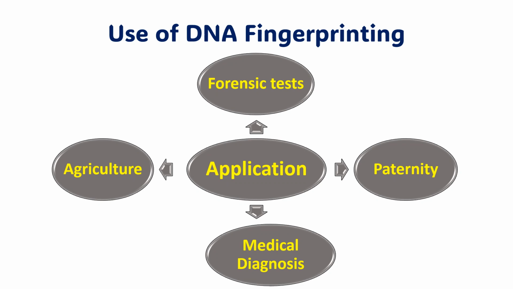The second important use is to identify the correct parent of a child, for paternity testing. Then it is also used for the diagnosis of many hereditary disorders, as well as HIV or some other disease. We will talk about that at the end. Another application is in agriculture. These are the common applications, because everyone might have heard about DNA fingerprinting at some time.